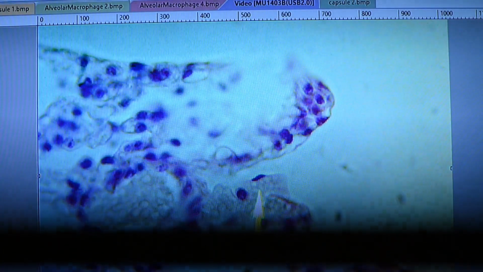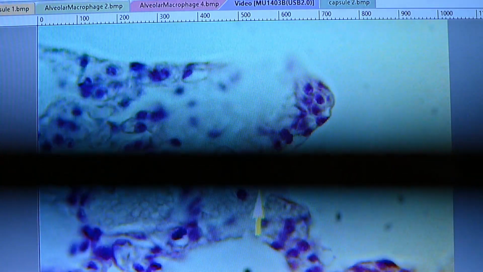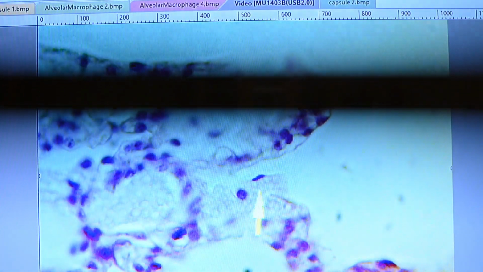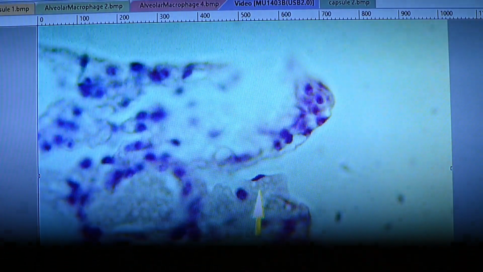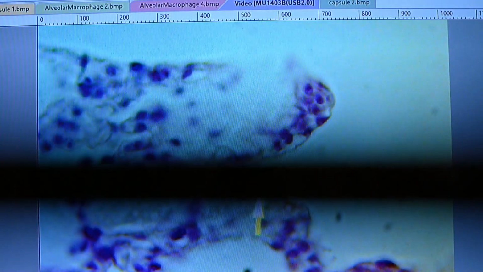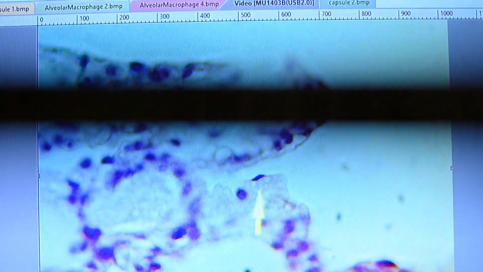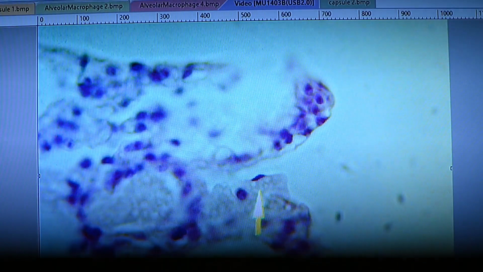Without better information to go by, it would be hard to decide whether that's associated with that capillary as an endothelial cell or with the alveolus as a type 1 alveolar cell. It could go either way.